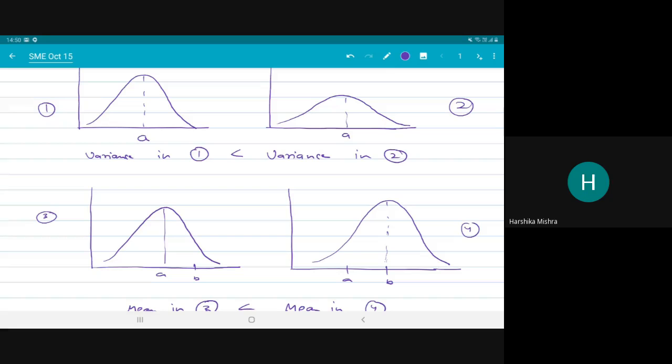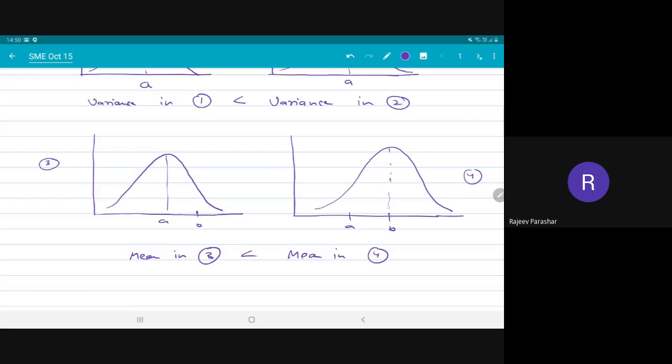So how did we make out for the mean? Because I have used the same notation A and A. So in 1 and 2, A is the same. Mean is right under the peak. If it's the same notation, that means it's the same. In 3 and 4, we have positive here and negative here.